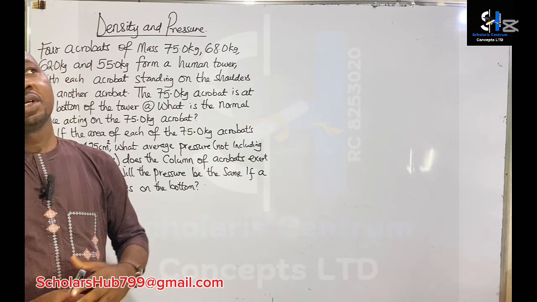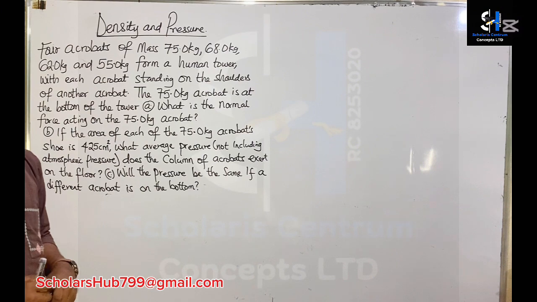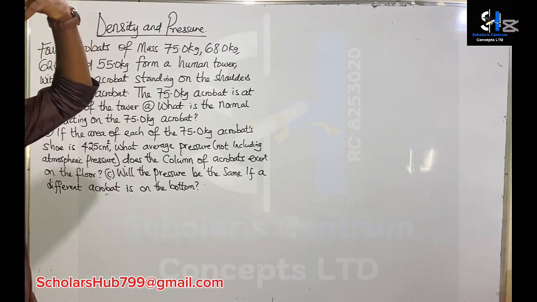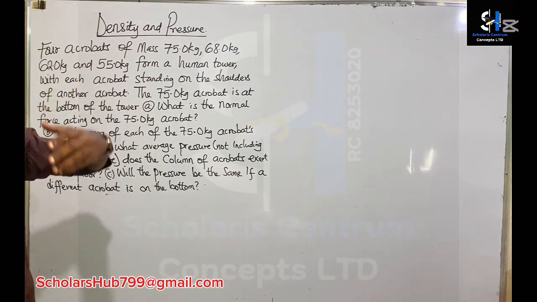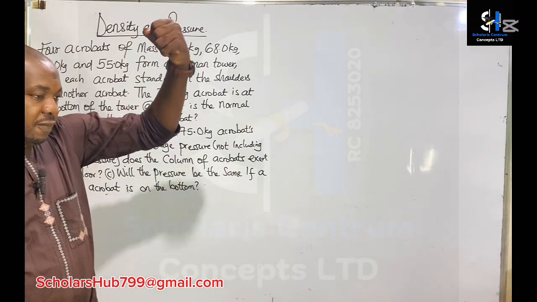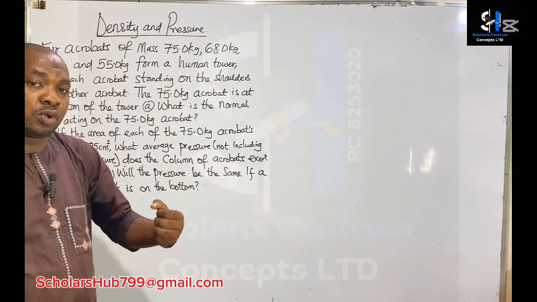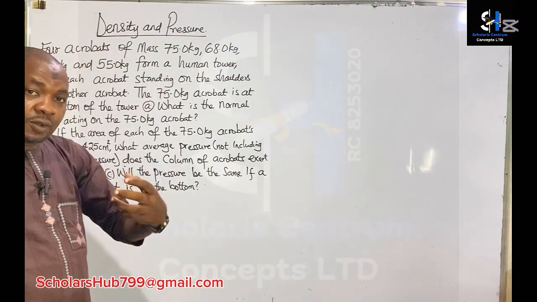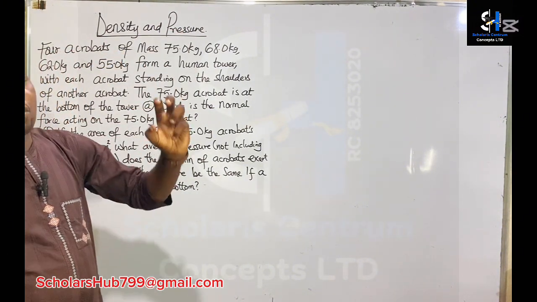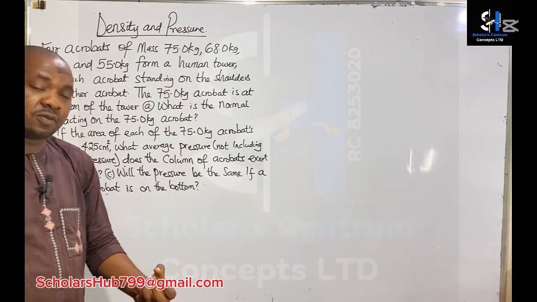So the normal force acting on the 75 kilogram acrobat will be the total weight, because there is a downward force, just like a downward pull on the surface. That downward pull is like gravitational attraction towards the center of the earth.